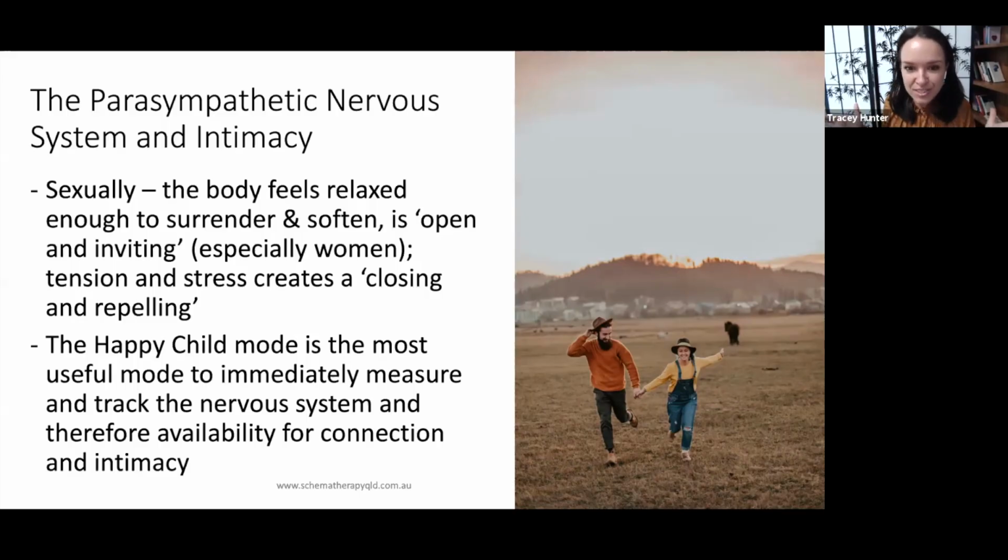If she's nowhere to be seen and I haven't had any fun for months and everything's been all serious and stressful, well, of course, my happy child mode is locked in a cupboard somewhere. There hasn't been a lot of play or fun. And therefore, there's also not a lot of availability for intimacy in my relationship either.